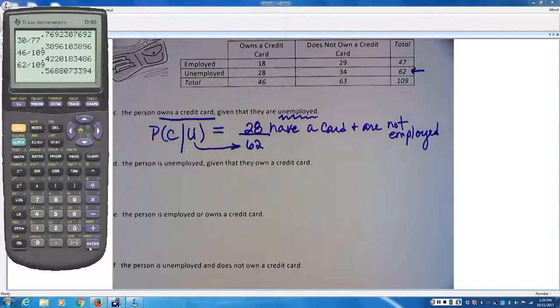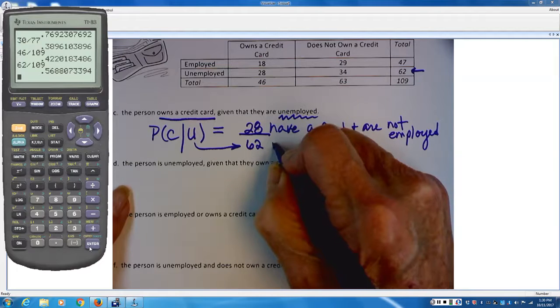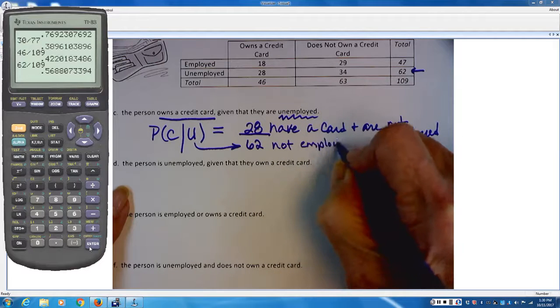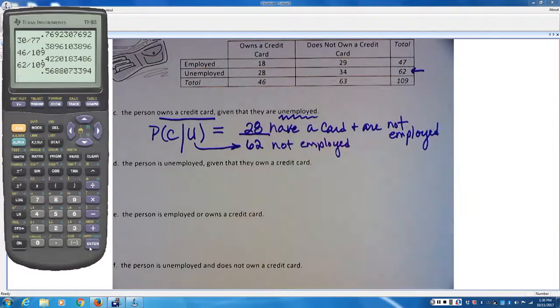So there's 28 that have a card and are not employed out of 62 people not employed, because unemployed and not employed are the same thing. So let's see what 28 out of 62 is. And that's 45.2%.